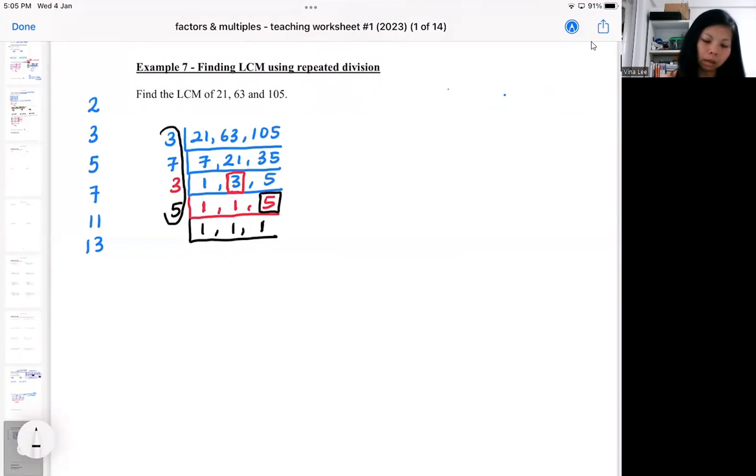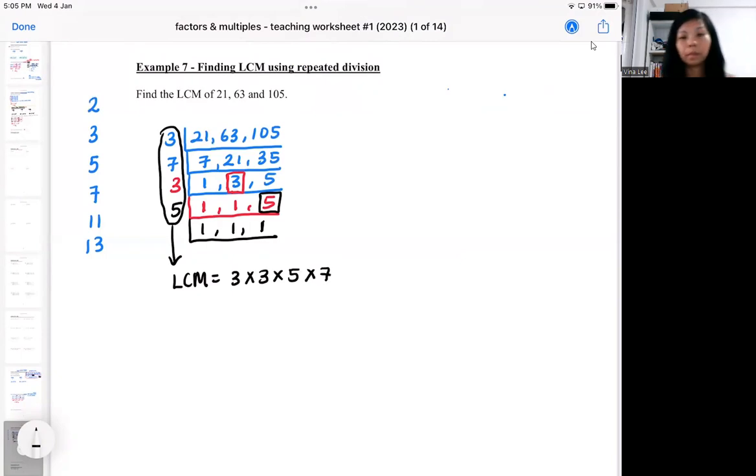This will be your lowest common multiple. If you realize, I try to arrange smallest to the biggest. So the lowest common multiple is 315.